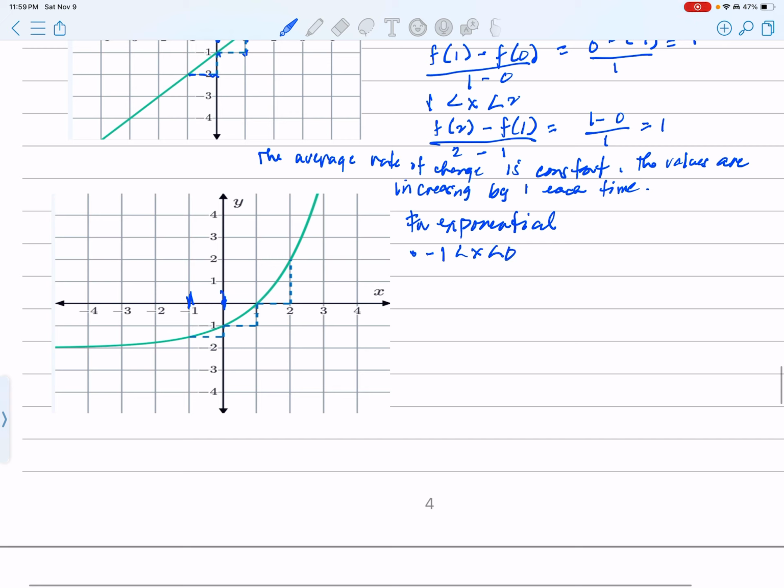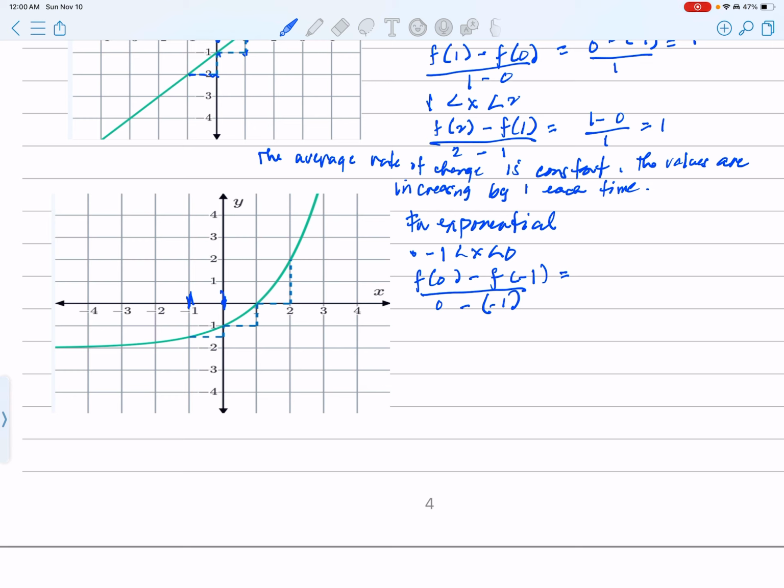All right. So f of 0 minus f of negative 1, we're trying to get the rate of change. When it's 0, it's negative 1.